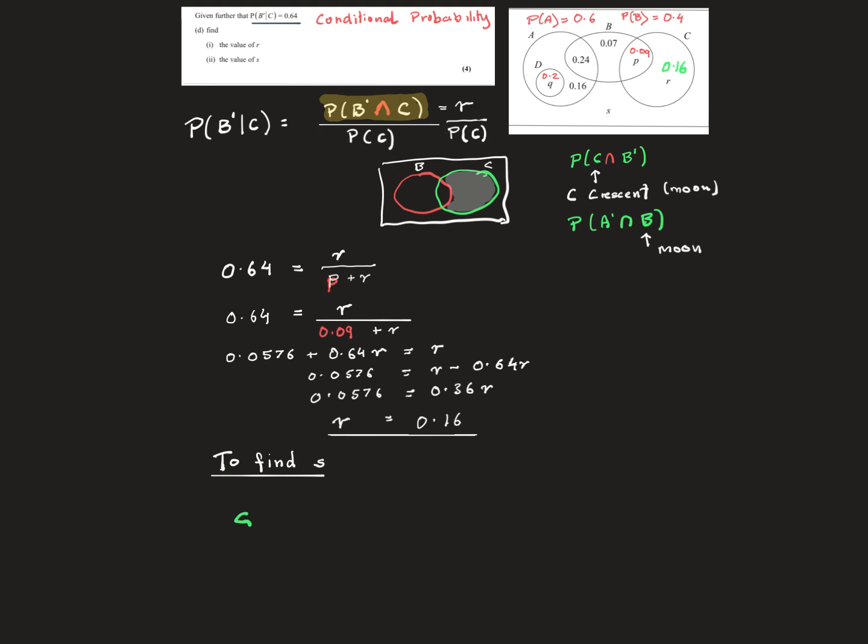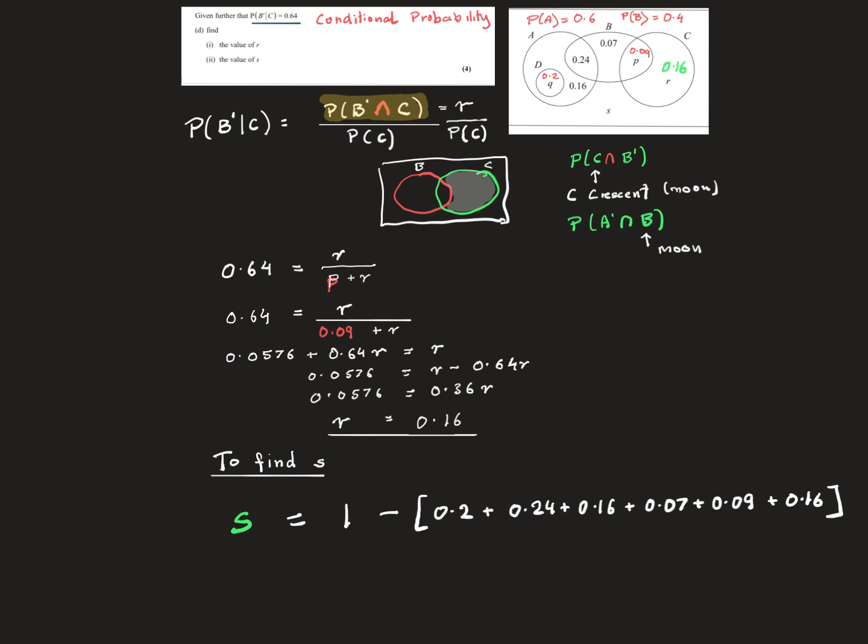So S will be equal to 1 take away all of this inside here, which is 0.2 plus 0.24 plus 0.16 plus 0.07 plus 0.09 plus 0.16.